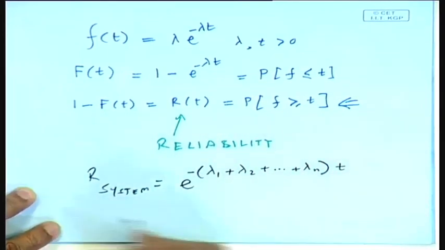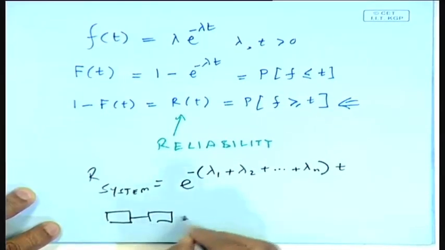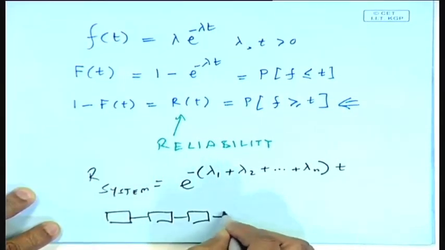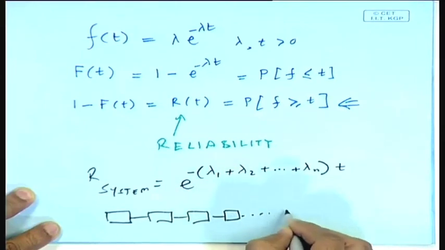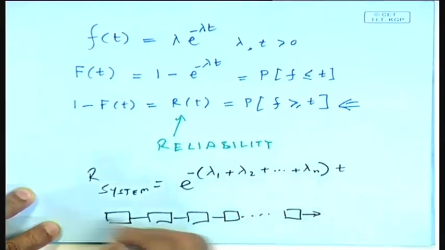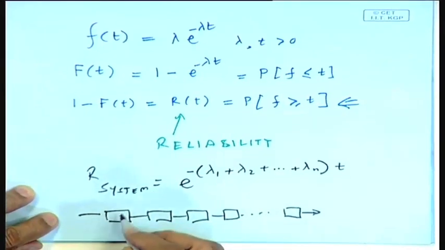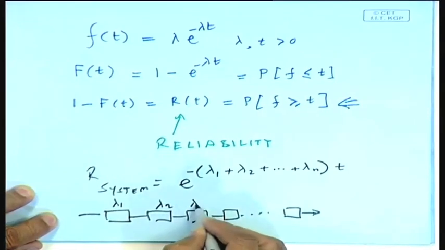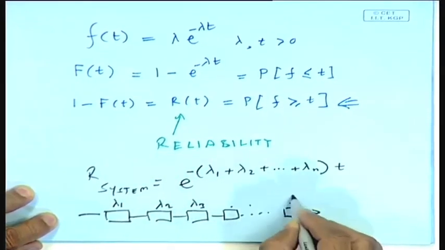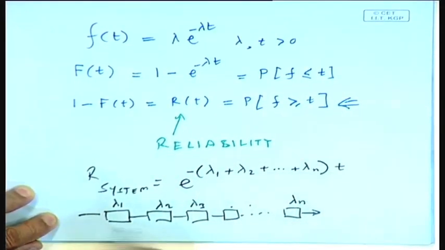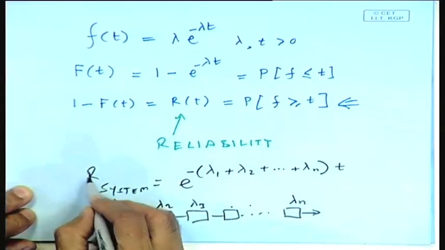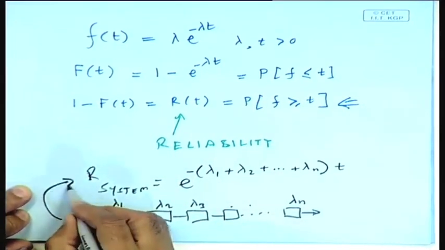And this is going to be for a system that has components which are connected in a series. Failure rate here is lambda 1, lambda 2, lambda 3, and so on, lambda n. If this is the picture, the reliability of this total system is going to be this.